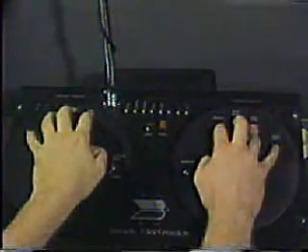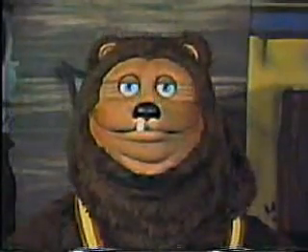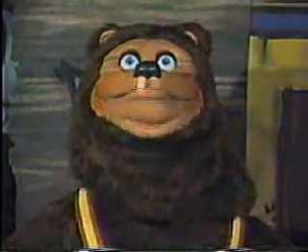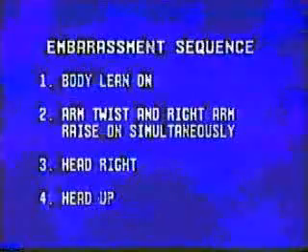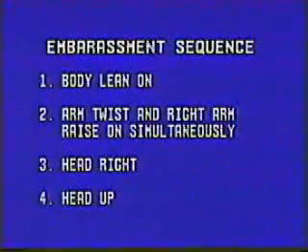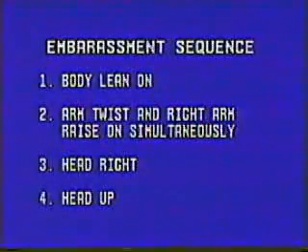To release the laughter sequence, it is most natural to release all of the controls at the same time. It should be like this. If I get embarrassed, first use the body lean, then the arm twist and right arm raise together, next the head right button, and last the head up.